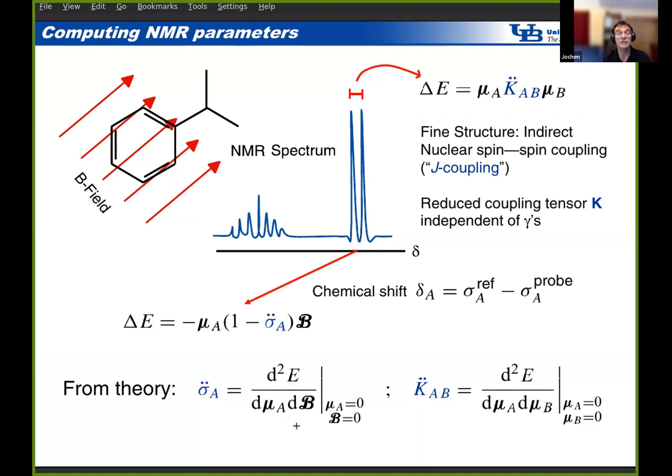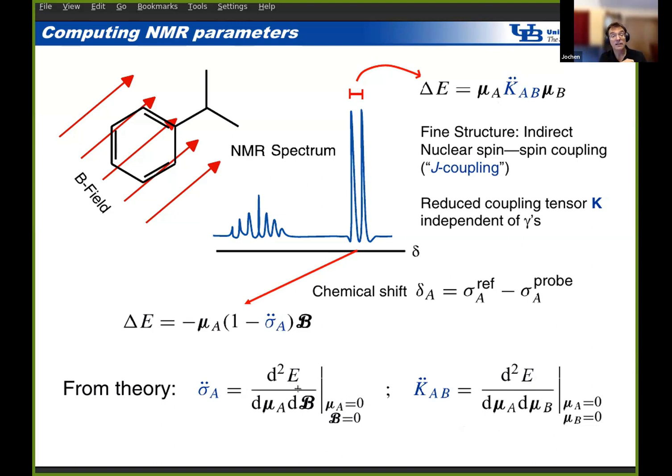and then the calculation goes through this route here. The splitting of the signals, that's determined by the indirect nuclear spin-spin coupling, the so-called J-coupling, which is parameterized by this Hamiltonian shown here in the upper right of this slide. There's a coupling tensor K, that's also a second derivative of the energy here with respect to the components of a pair of nuclear spin magnetic moments, so one here, and then as you figure out how they interact with each other magnetically, you can extract the spin-spin coupling.